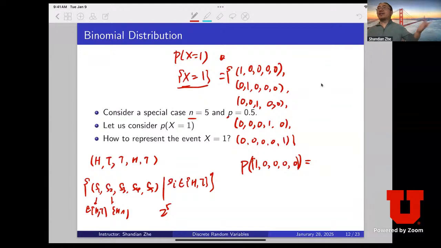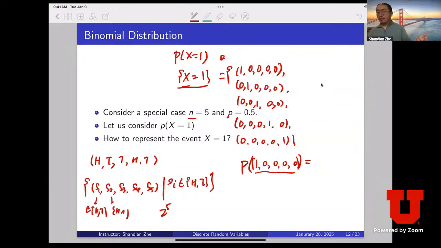Remember, each experiment is independent. Let's just come up with this formula in terms of p. You can imagine going through this sequence. For this one, you only see one head, so the probability of seeing one head is just p.